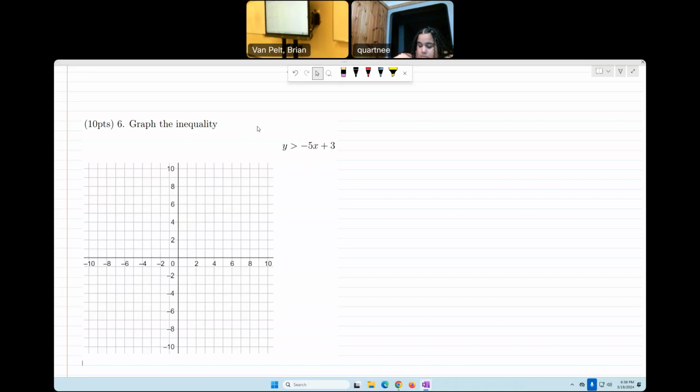I get too engulfed and I forget what I'm supposed to be doing. So get your line in. The line shouldn't be hard to graph, I hope.